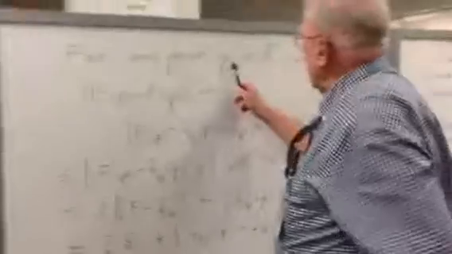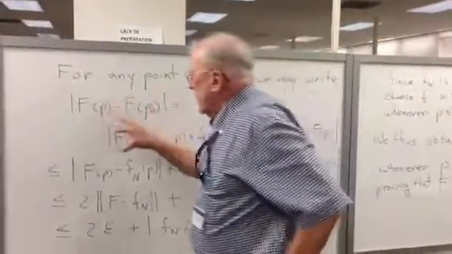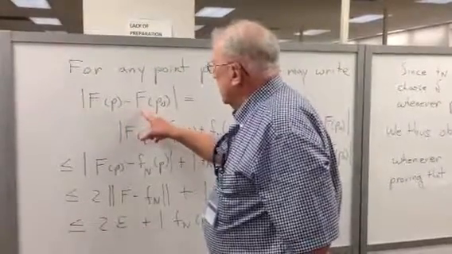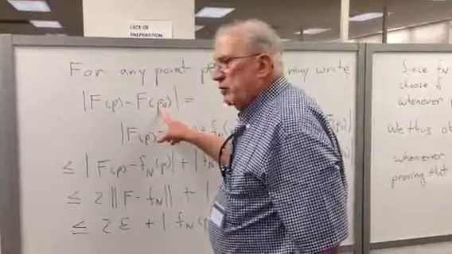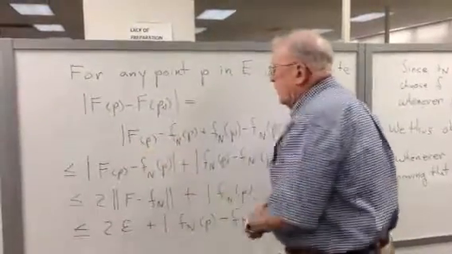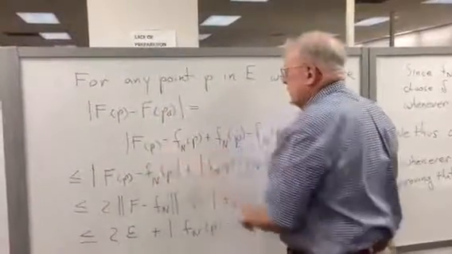For any point P in E, we may write that the absolute value of capital F of P minus capital F of this arbitrary point P naught is going to be equal to this expression. Now what we did was take this expression and expand it into 6 terms.